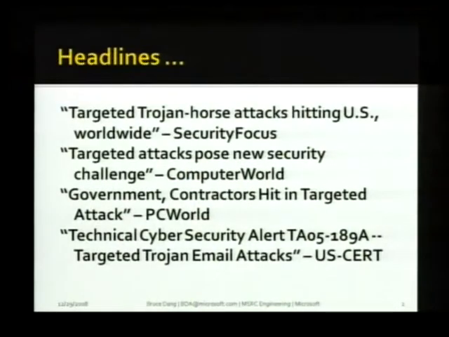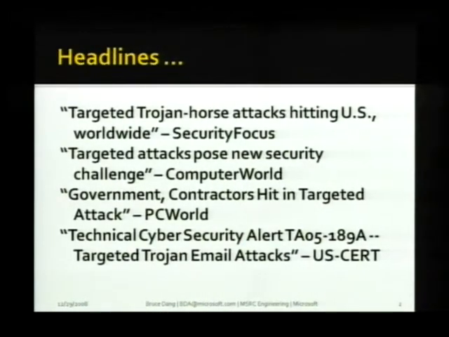So we'll start. Most of you are probably familiar with targeted attacks. These are not drive-by attacks or anything. Most of the time the attackers will have an idea of who they want to attack, and typically these are large corporations, and they do reconnaissance on the victim.